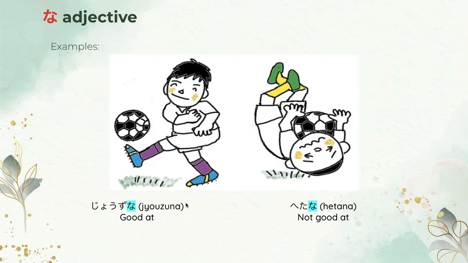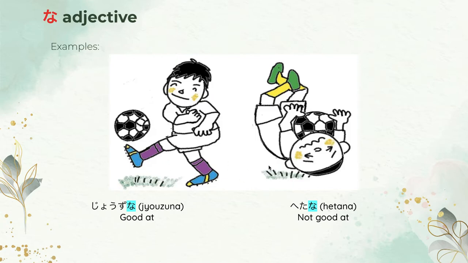If I wanted to say that someone is good at doing something, it will be 上手な. If I wanted to say someone is not good at doing something, I would say 下手な.